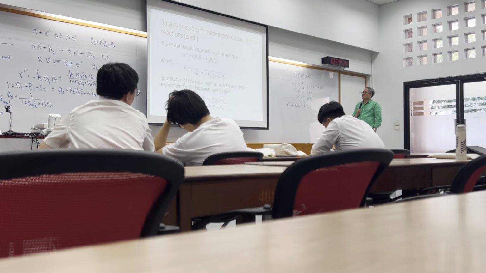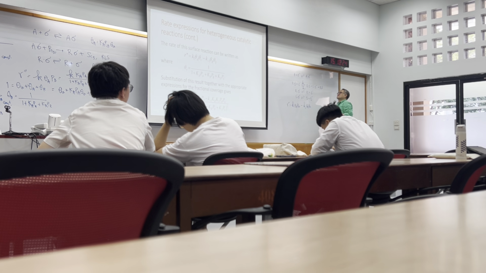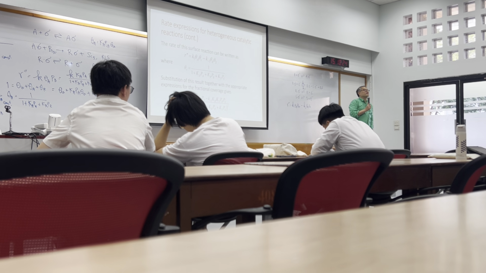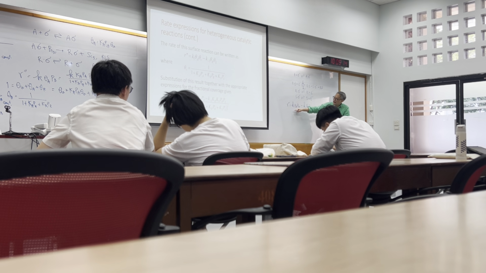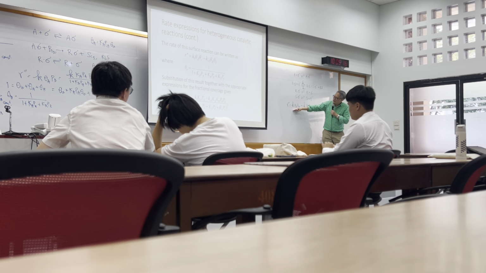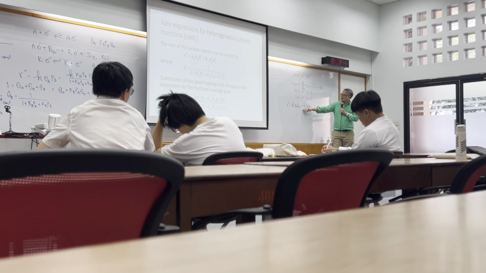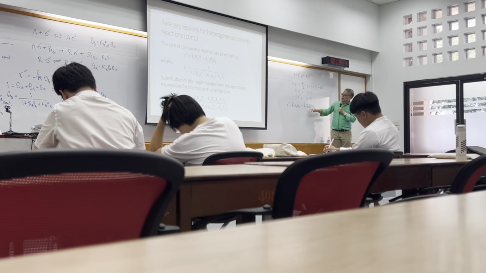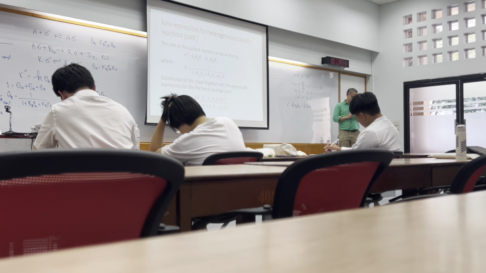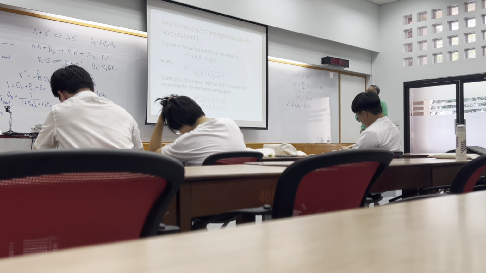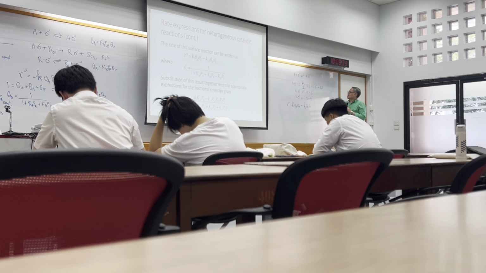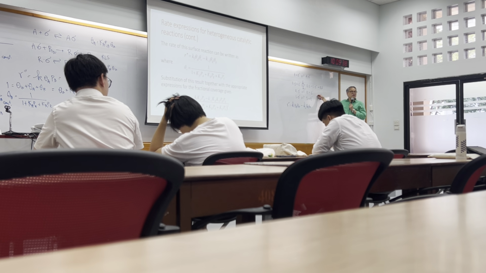So when the rate limiting step is reversible, you write down the rate with two terms: the forward rate, k1 times theta A times theta V, minus the reverse reaction, k minus 1 times theta R times theta S. And then again, you assume adsorption and desorption equilibrium in steps 1, 3, and 4.